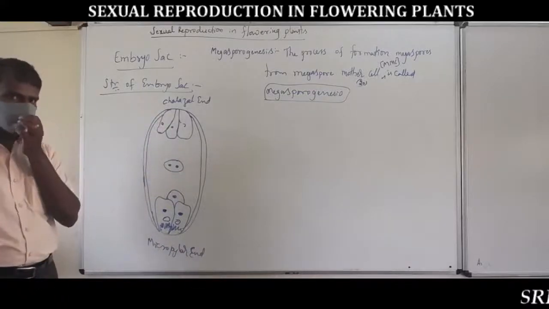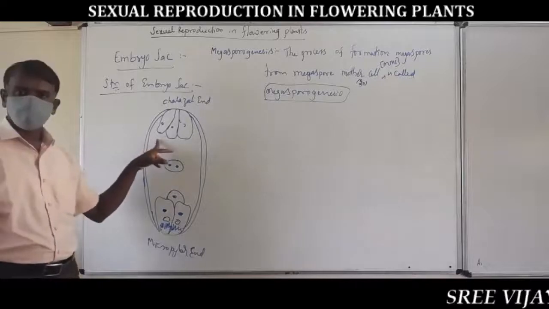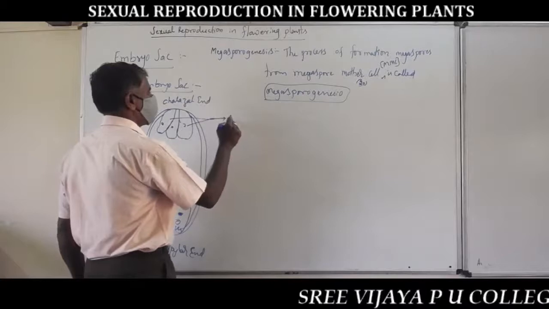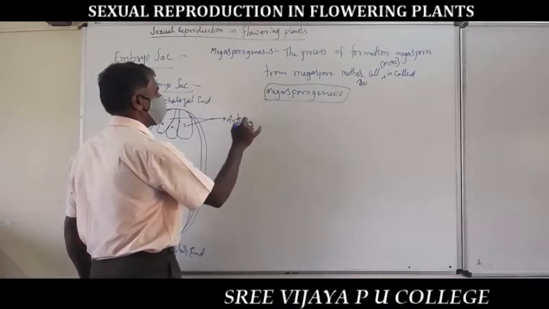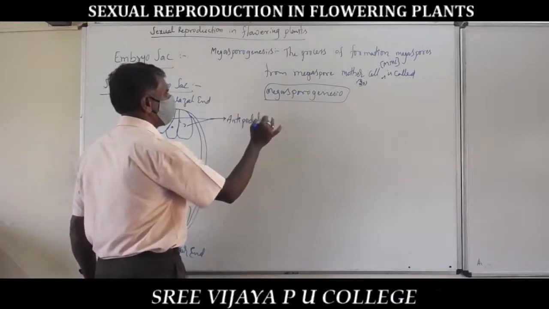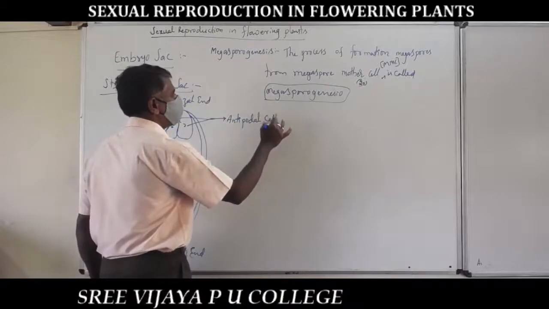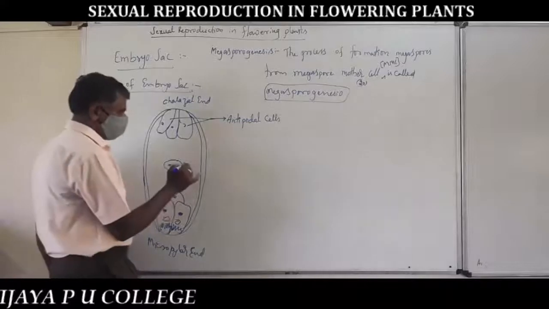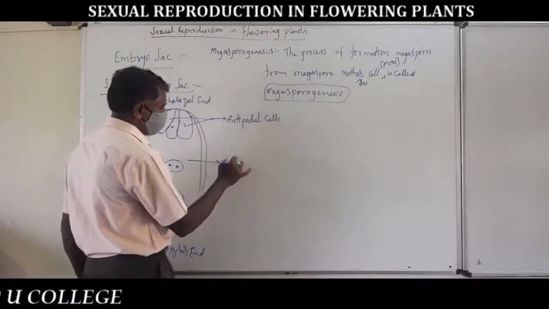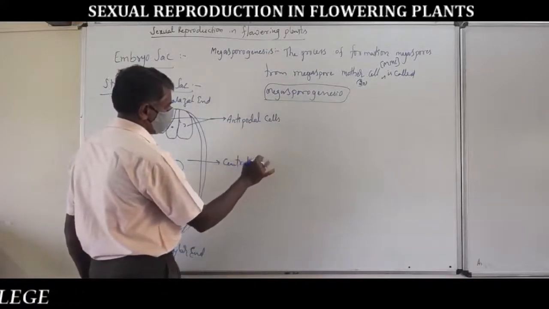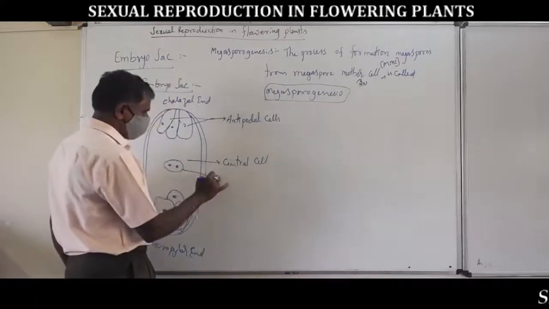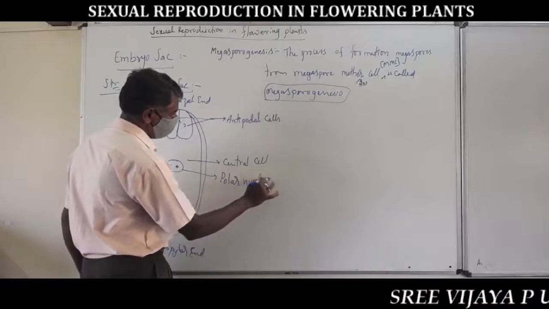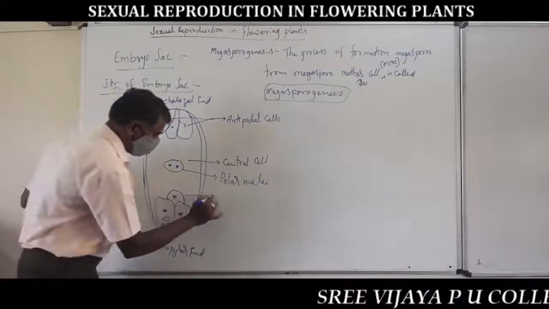The chalazal end consists of three cells. Those three cells are called antipodals, or antipodal cells. Here is the central cell, or the polar nuclei, and the egg cell.